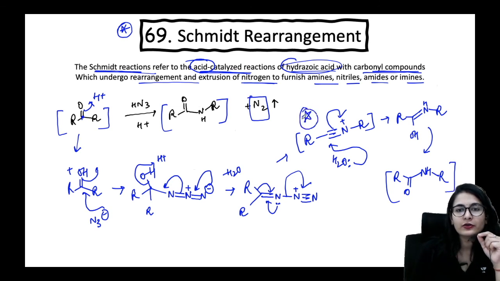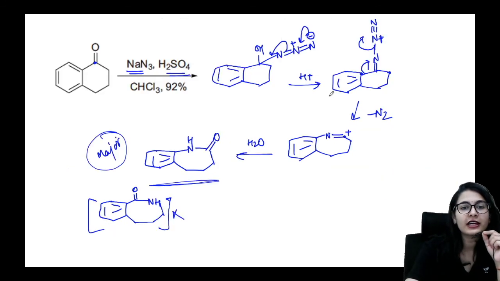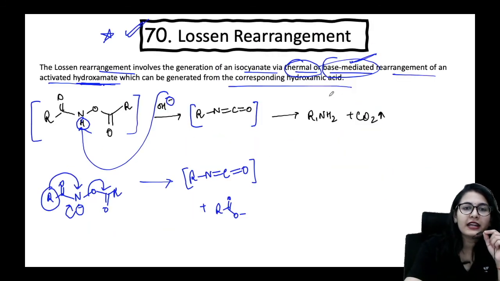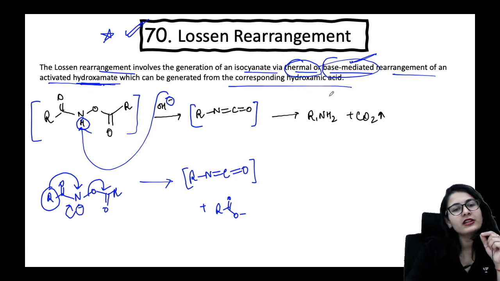Remember this also, it gives a similar intermediate as the Beckmann reaction, not the isocyanate. And Lossen rearrangement is of the hydroxamate ester, in the presence of thermal or base mediated conditions.